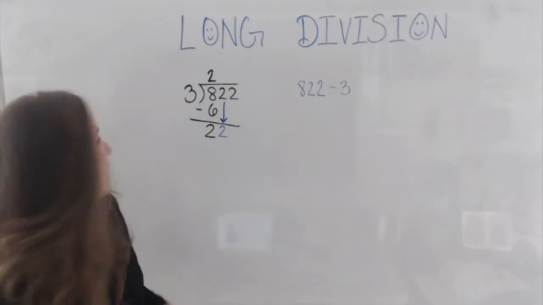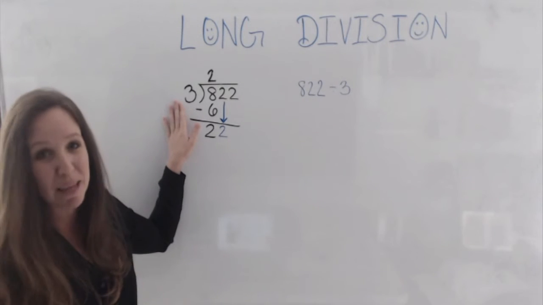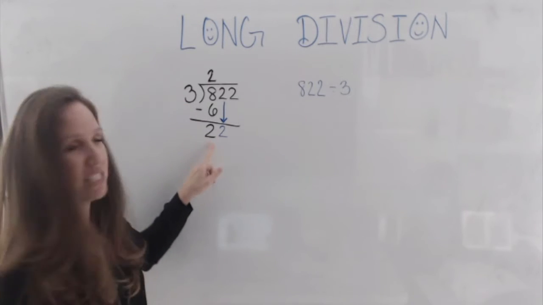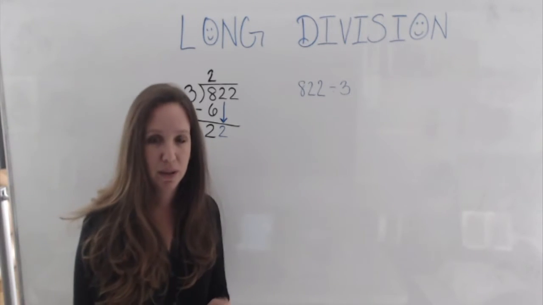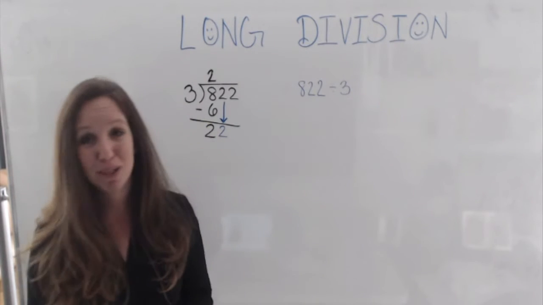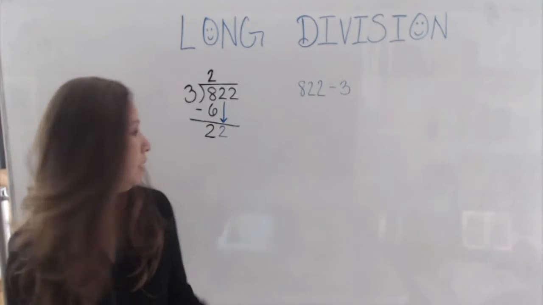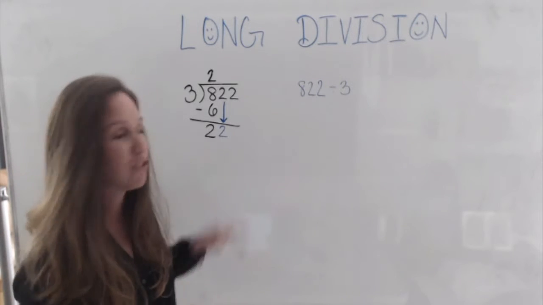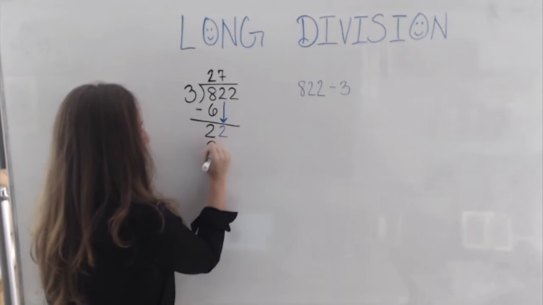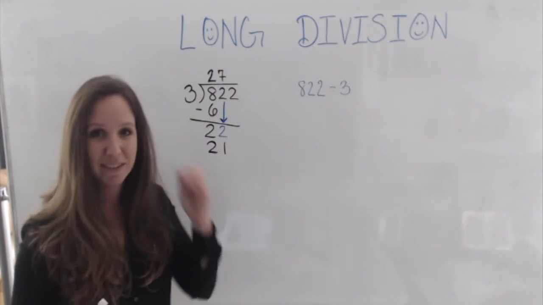Now I want to do the exact same thing I did before. How many times does 3 go into 22? Well, I know that 3 times 7 is 21, and 3 times 8 is 24. But 24 is too much, so it must be the 7, because 3 times 7 is 21.